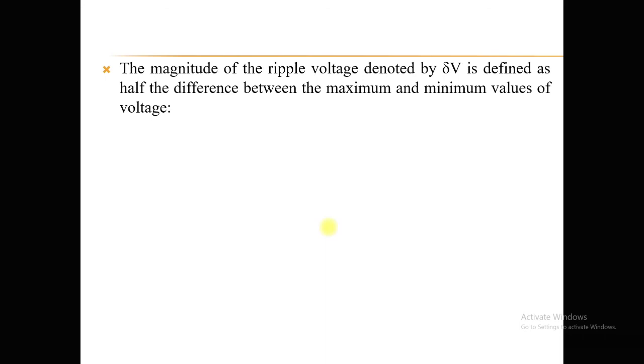The magnitude of the ripple voltage, denoted by delta V, is defined as half the difference between the maximum and minimum value. So it is given by delta V is equal to V max minus V min upon 2. If we are not connecting the capacitor, then delta V is V max upon 2, which is not our expected one.